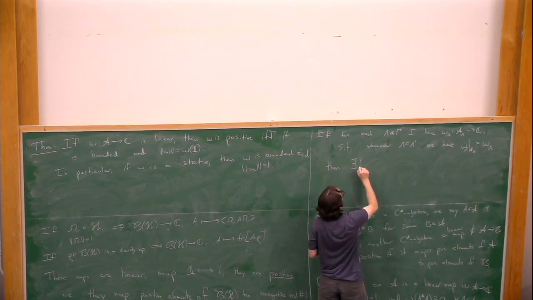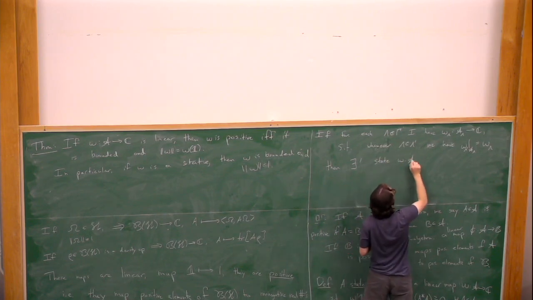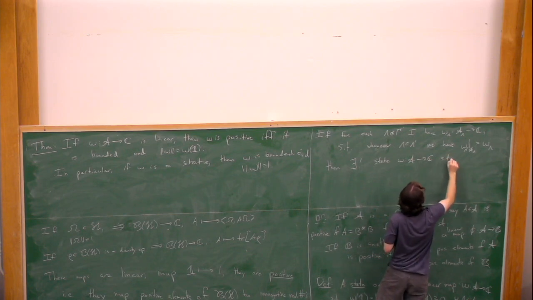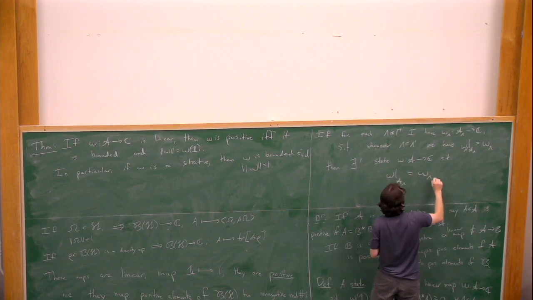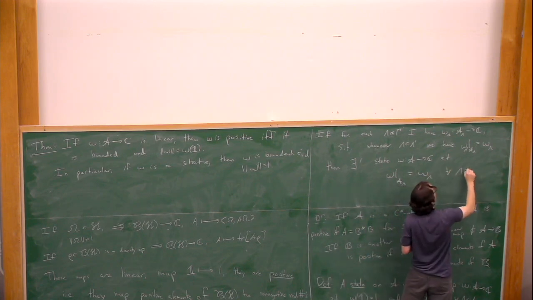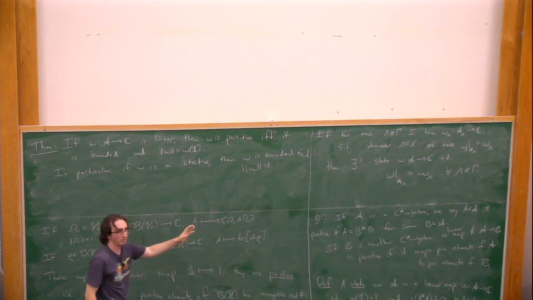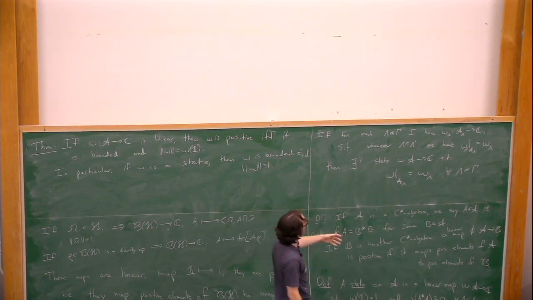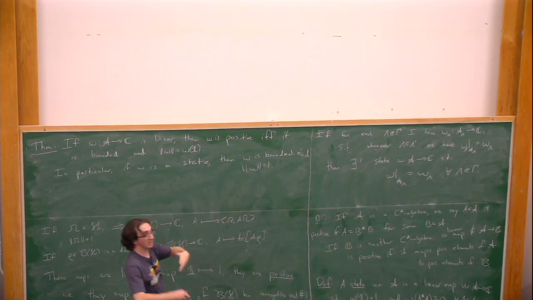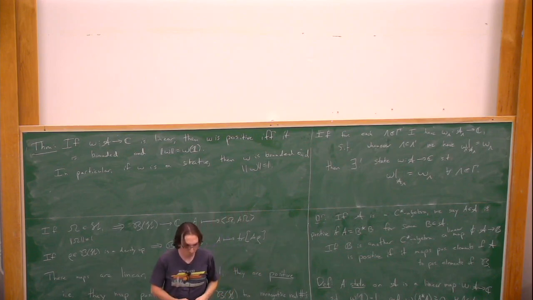Then there exists a unique state, omega, on the quasi-local algebra, such that omega restricted to A lambda is omega lambda for all lambda. And this is just the exact same story I played with star homomorphisms. You can first construct omega on the local algebra. By this theorem, it's bounded. And so it extends by the BLT theorem, or bounded linear transformation theorem, to the whole quasi-local algebra.